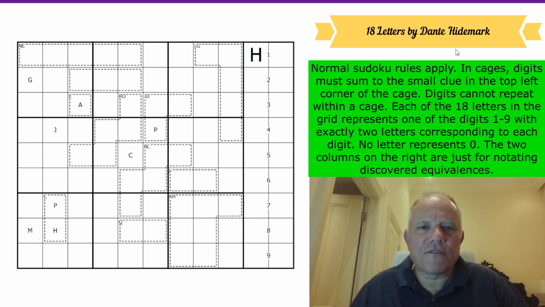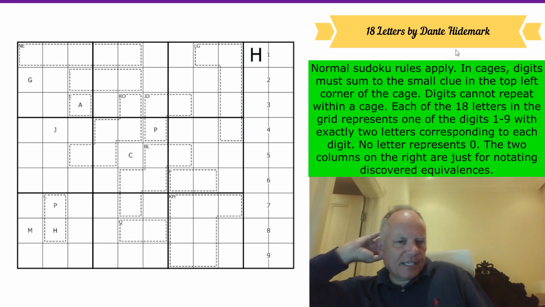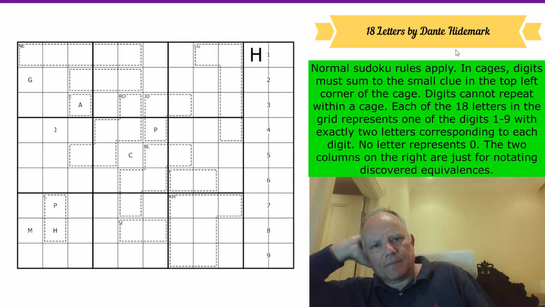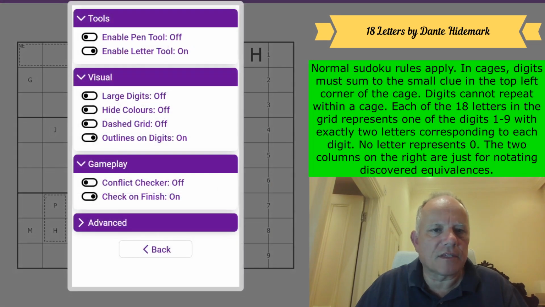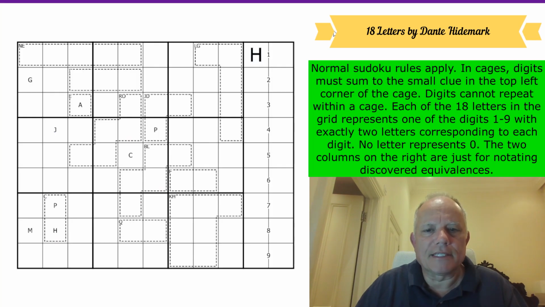So, fascinating idea for a puzzle. I mean, we've certainly done puzzles before with letter number equivalences, but possibly not with 18 of them. Now, what I want to mention is that if you click the cogwheel in the settings, you can enable the letter tool. That's the second thing down, which allows you to write letters in the grid.